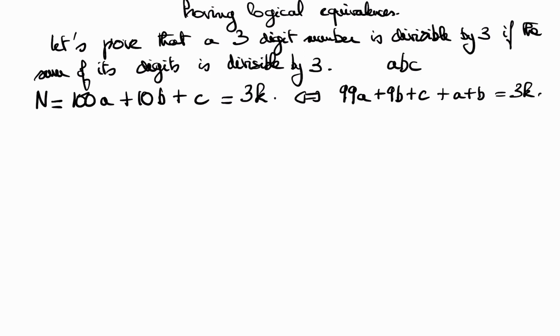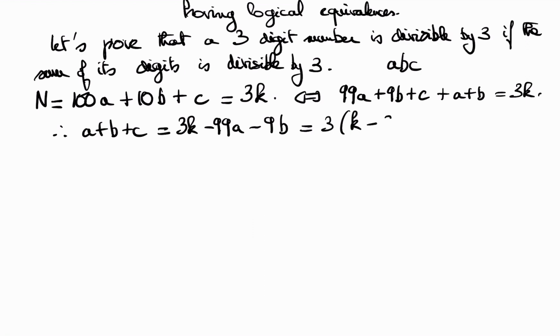So that means that a plus b plus c is equal to 3k minus 99a minus 9b, which we can factorize by 3, so that's k minus 33a minus 3b, and this is divisible by 3.